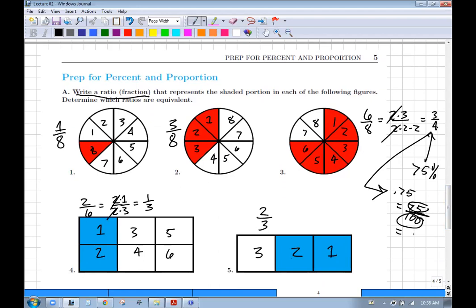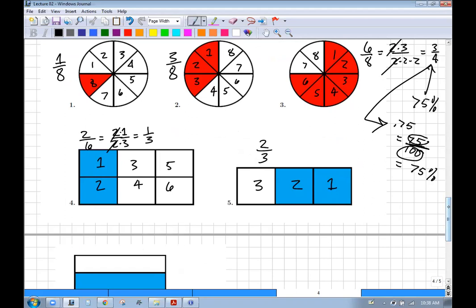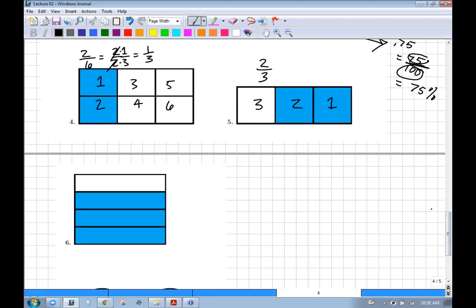So 75 over 100, this is 75%. That's all that percent means. Percent is per century. That's all that symbol means. Okay, it's the division symbol over 100%. That's why they call them dollars and cents. The cents, there's 100 cents in a dollar.